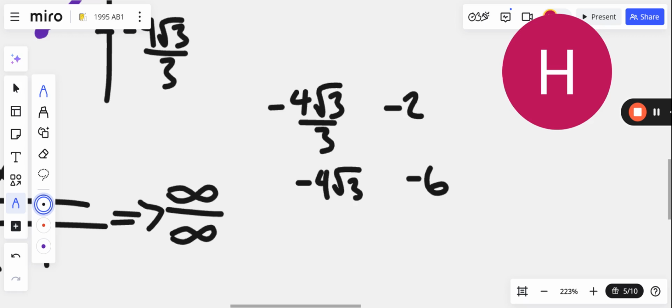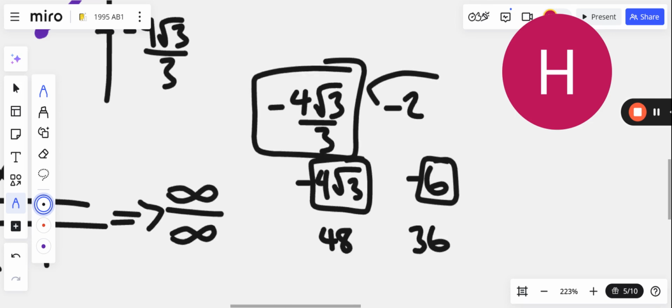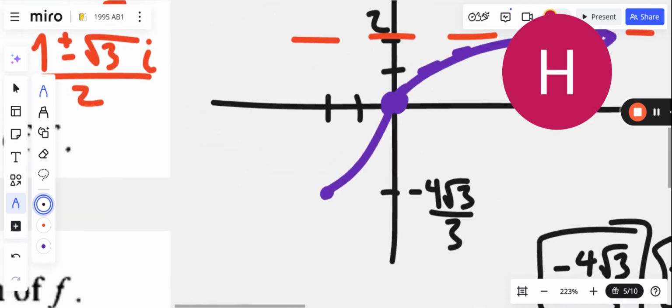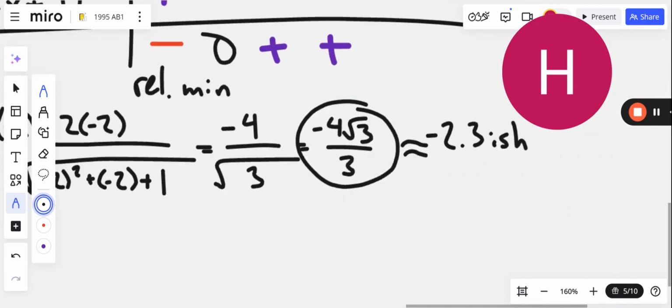Well, if we square both sides, this would be 16 times 3, which is 48, and this would be 36. So we know that this number is larger than 6, which means that this is more negative than negative 2. So here's the boundary for negative 2. And as I mentioned earlier with some rough calculations, negative 4 rad 3 over 3 was approximately negative 2.3-ish.